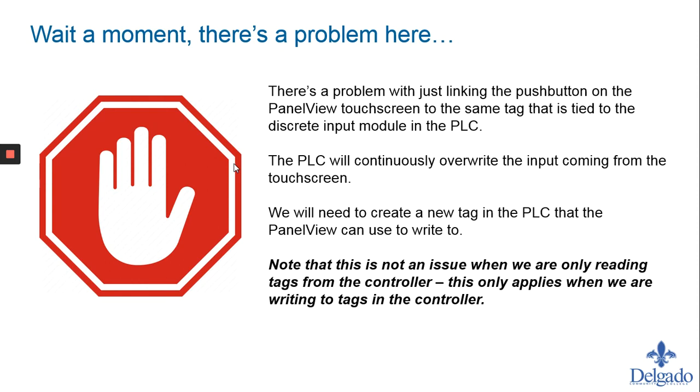We cannot link our button to that tag, and the reason why is because that is actually tied to an input card. Remember, that is an alias for the Local:1:I.Data.0. So that is an actual physical input on an input card.